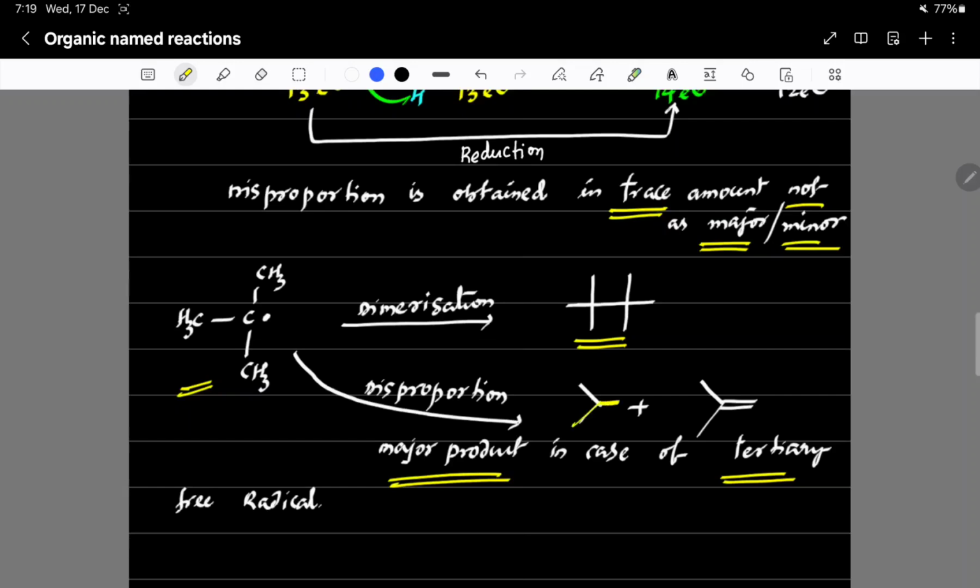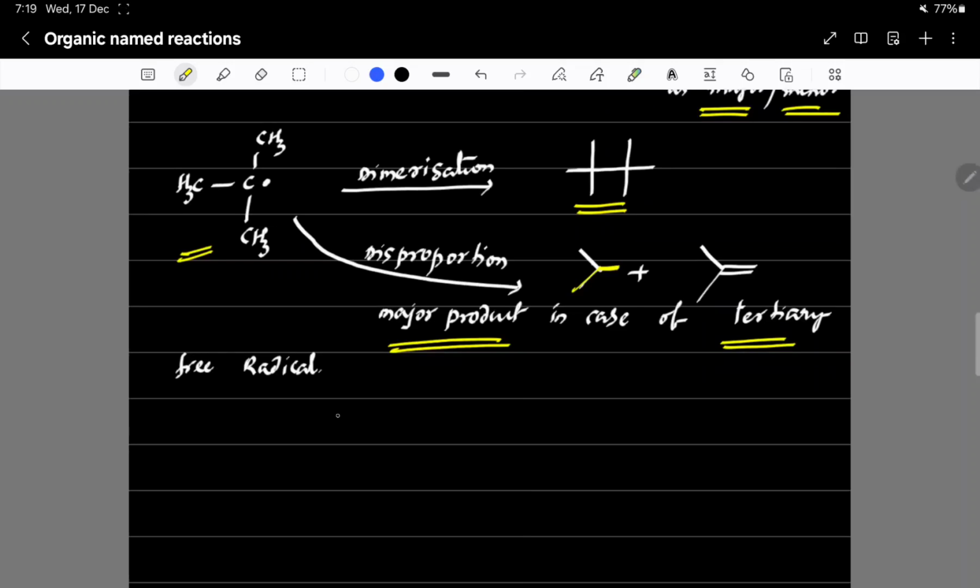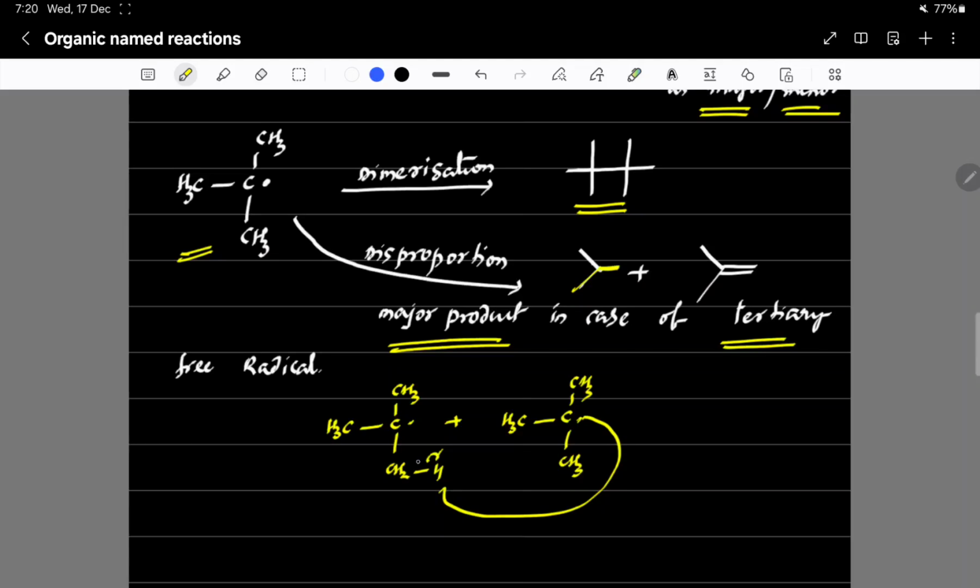For example, as in the previous example, look at this, students. This is a CH3, this is CH2. This is CH3, this is CH3 and a C radical, and this will be CH3. Now this free radical is combining with this, so it undergoes homolytic cleavage.